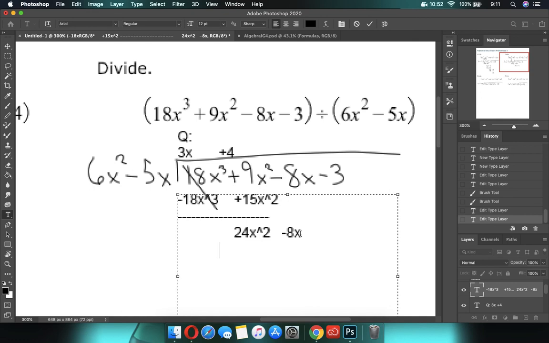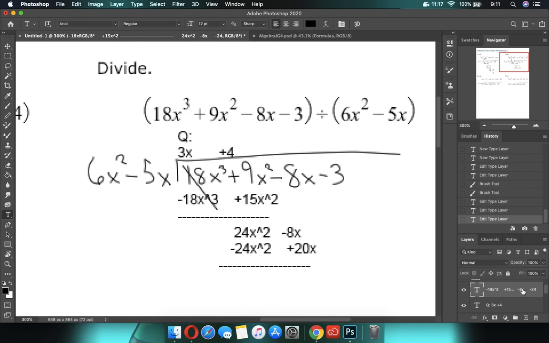So 4 times 6x squared is, of course, 24x squared. And then 4 times 5 is negative 20x. And now we just need to subtract, which I didn't actually do. So subtract. Flip all of your signs. And now we're all set.